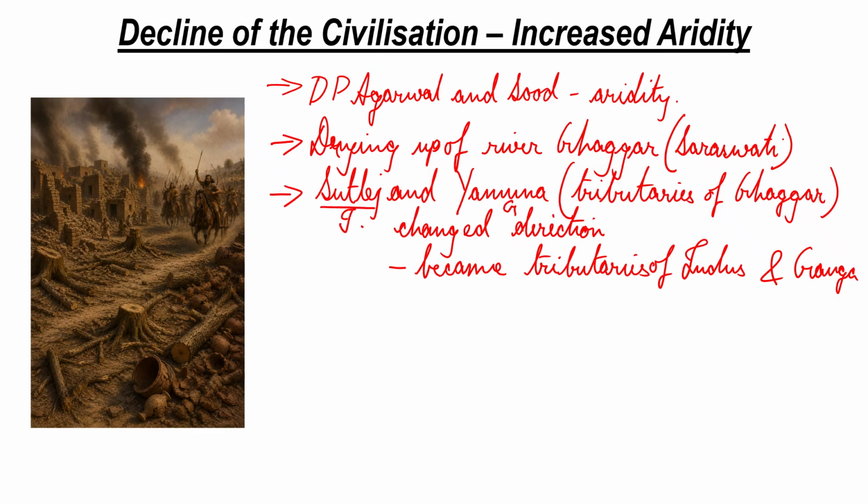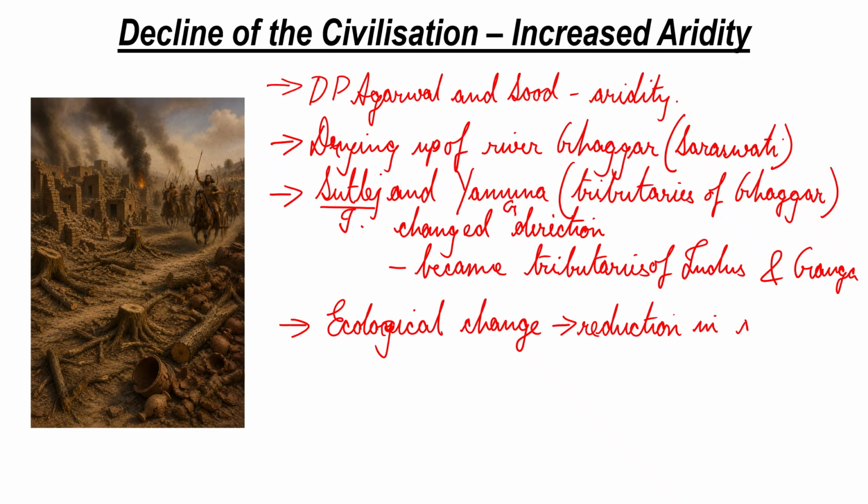So that is how the disturbances were there, and ecological change was there. Ecological means changes in the environment. So ecological change led to reduced agriculture.